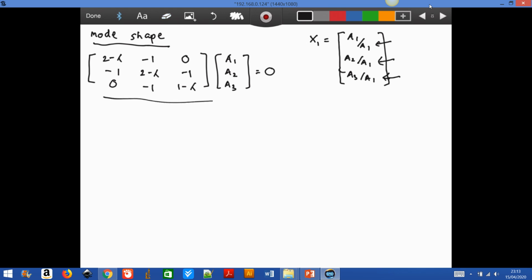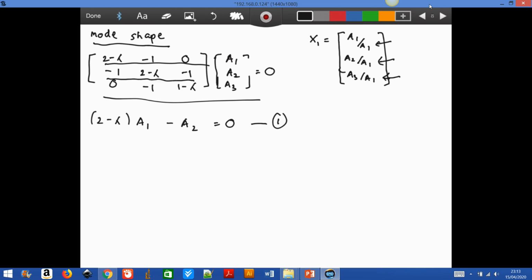So from this matrix, know that 2 minus lambda a1 minus a2 is equals to 0. Let's write it as first equation. Now let's move on to the second one.